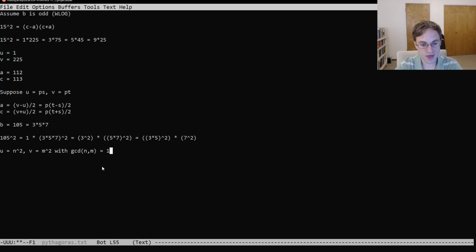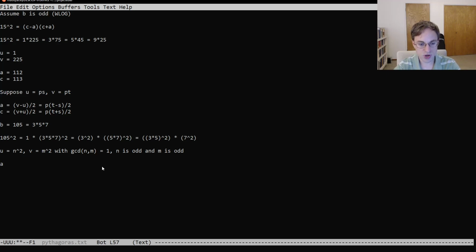You'll also notice that in order for u and v to be odd, n is odd and m is odd. Okay, so now we can check to see that in the general case, this does in fact give us our solution.